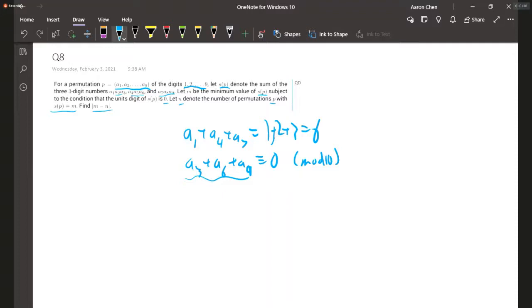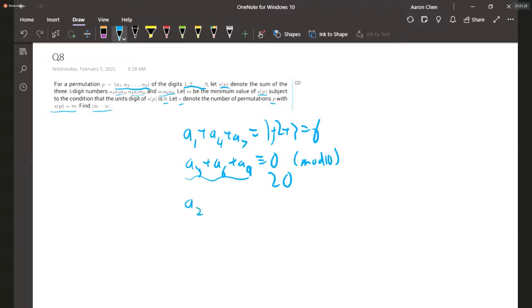And so we're trying to minimize S(P). Given that the digits have a fixed sum, in order to do this we should maximize the sum of the unit digits. And so we let them add up to 20.